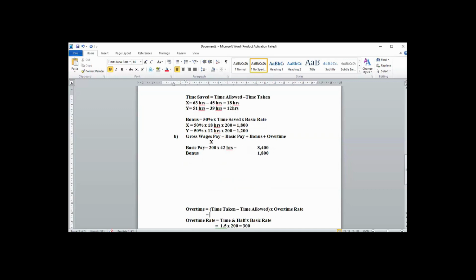Time taken minus time allowed for X: 45 hours minus the 42 hours supposed to be worked in a week is 3 hours.